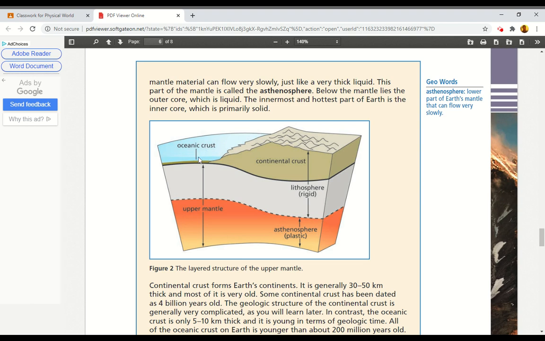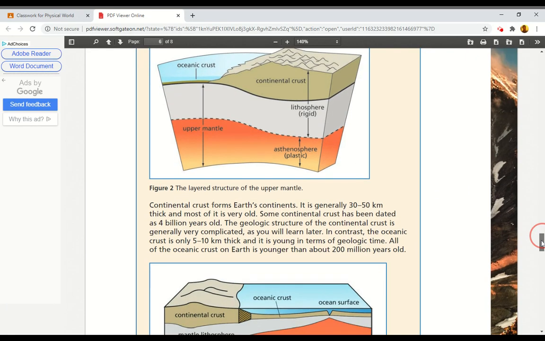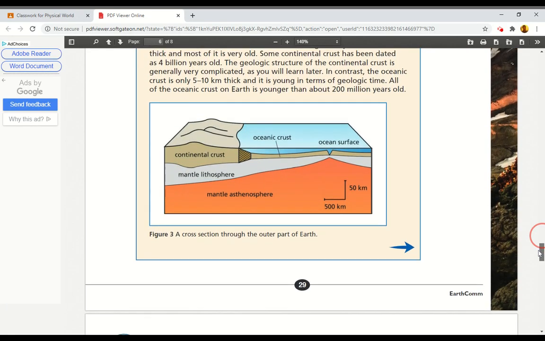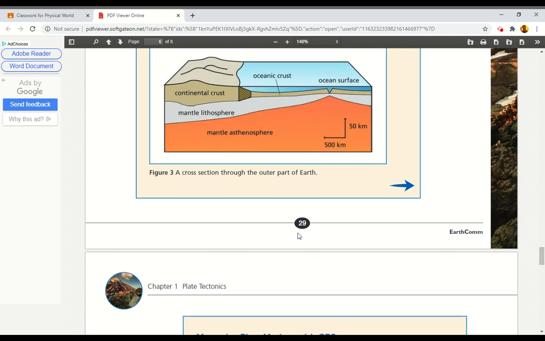You have oceanic crust, continental crust. You have a rigid lithosphere. You have your upper mantle and your asthenosphere. This is a cross section through the outer part of Earth.